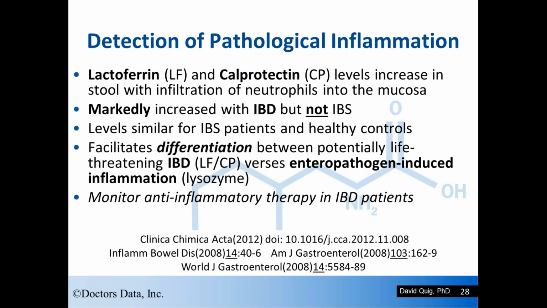So measuring lysozyme, lactoferrin, and calprotectin facilitates differentiation between potentially life-threatening IBD, that would be measured with lactoferrin and calprotectin, versus enteropathogen-induced inflammation, which would be represented by increased lysozyme. These markers are also very helpful to enable clinicians to monitor their anti-inflammatory clinical intervention, particularly in patients with inflammatory bowel disease.